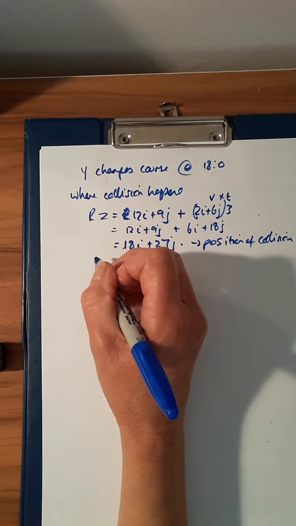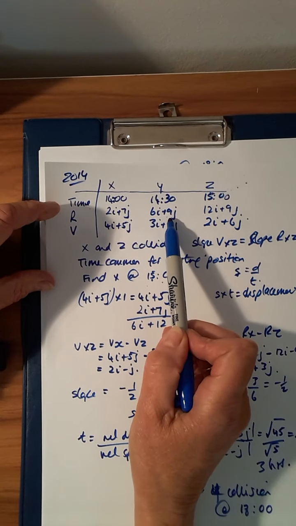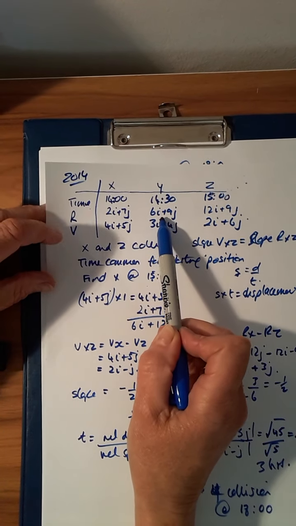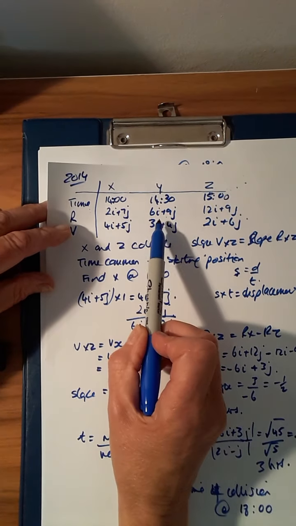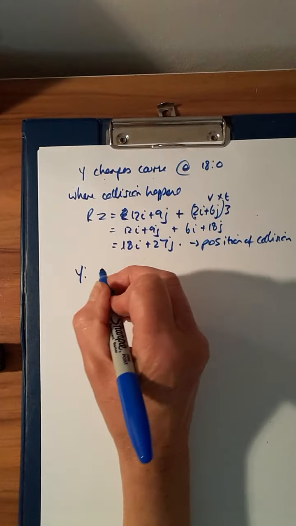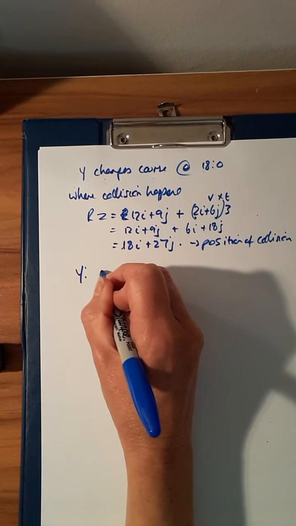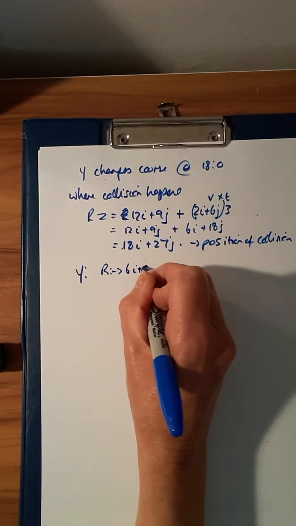Now, Y, remember, Y was here at 6i plus 9j. I'm going to have to see where it is at 6 o'clock when this collision happens. So Y's position was 6i plus 9j.